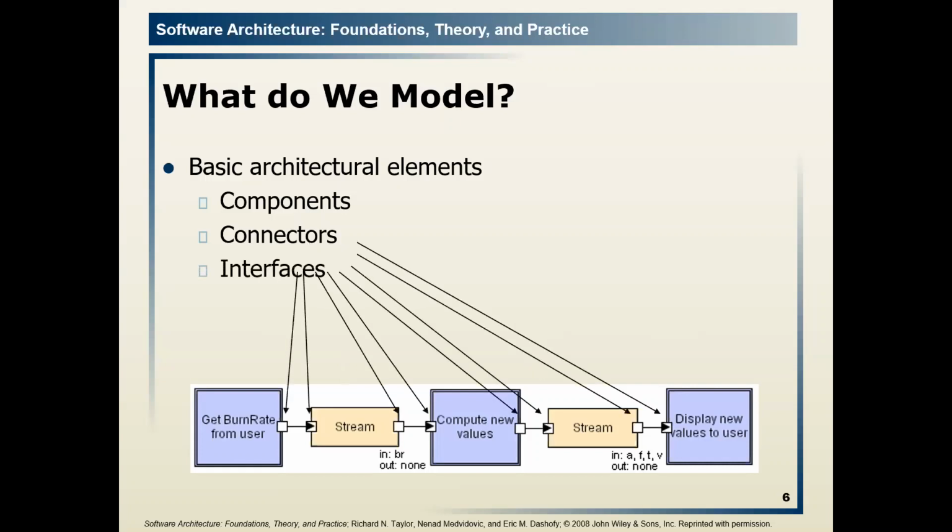Then the interfaces. So at the interfaces between the components and the connectors, right? So between the component and the connector, then again the connector to the component, right? You will have interfaces. So all these interfaces we need to model as well, right? So in this small example, we see that we have 8 interfaces, right?